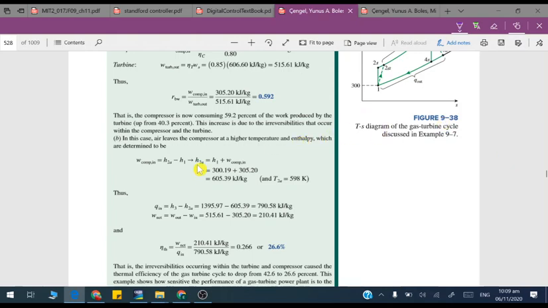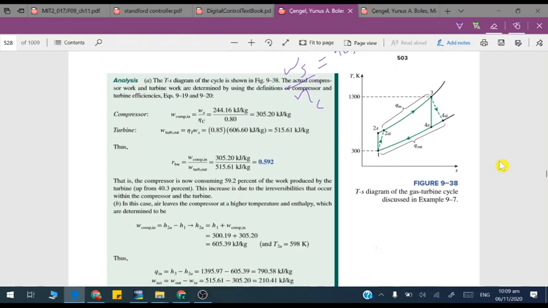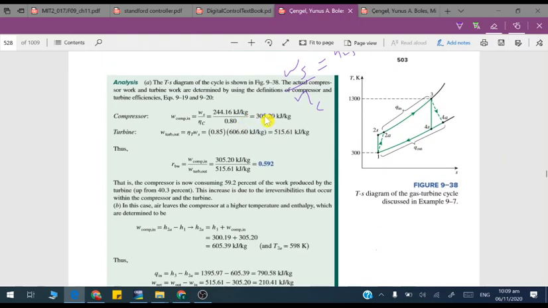We have to determine this efficiency, H2A. So again, just apply the efficiency formula. This is the value of compressor in, and now this is the actual.